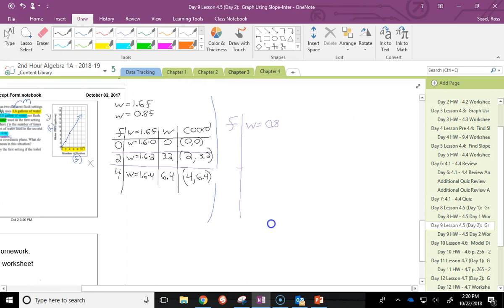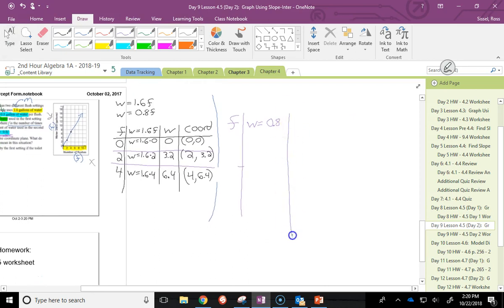Move my board over. And then we have our W and then our coordinates. Okay.